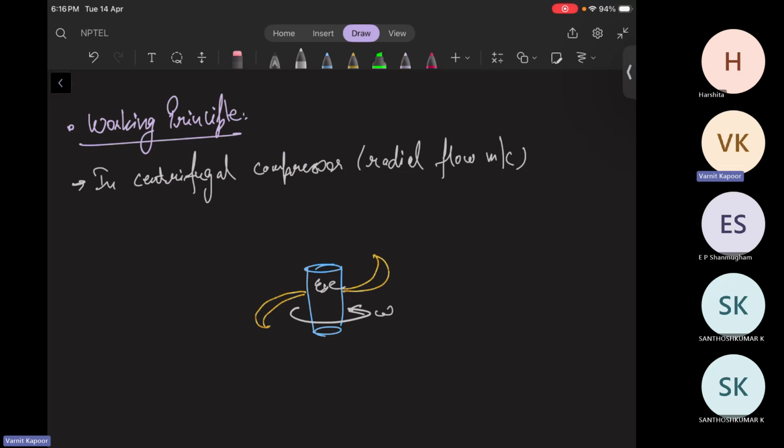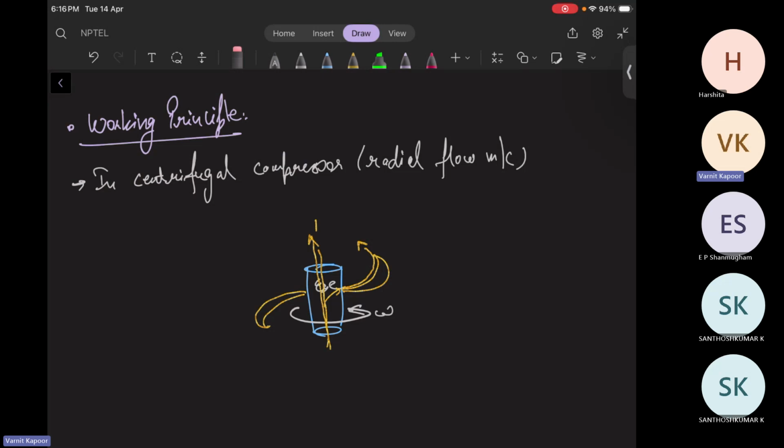So as soon as the water entered at this point, it entered radially as well as it exited radially. That is why it is called radial. But if water would enter axially, the axis is along this rotor axis. It is not along the axis. It is along the blade radius, or the vane radius.